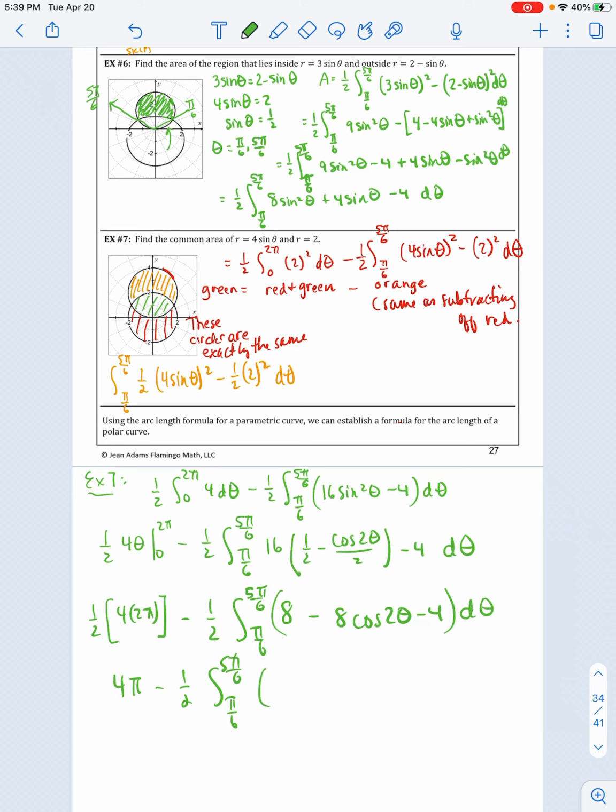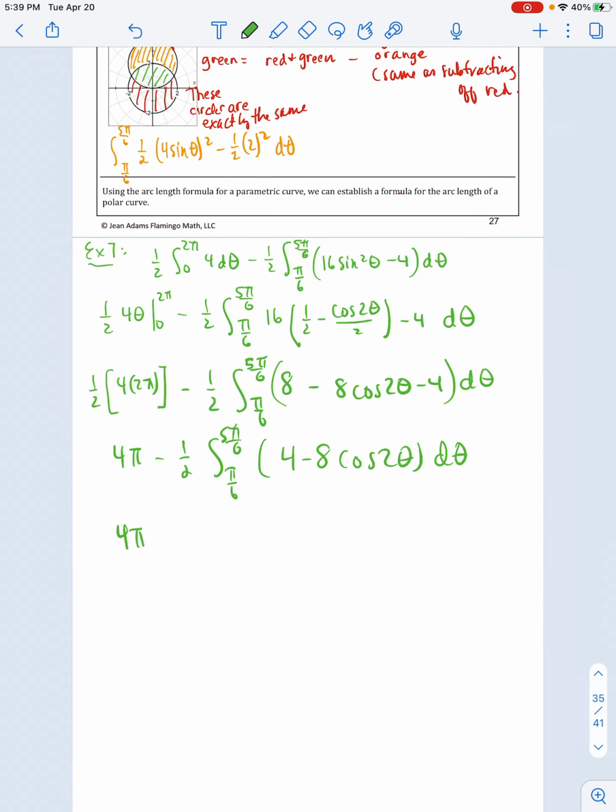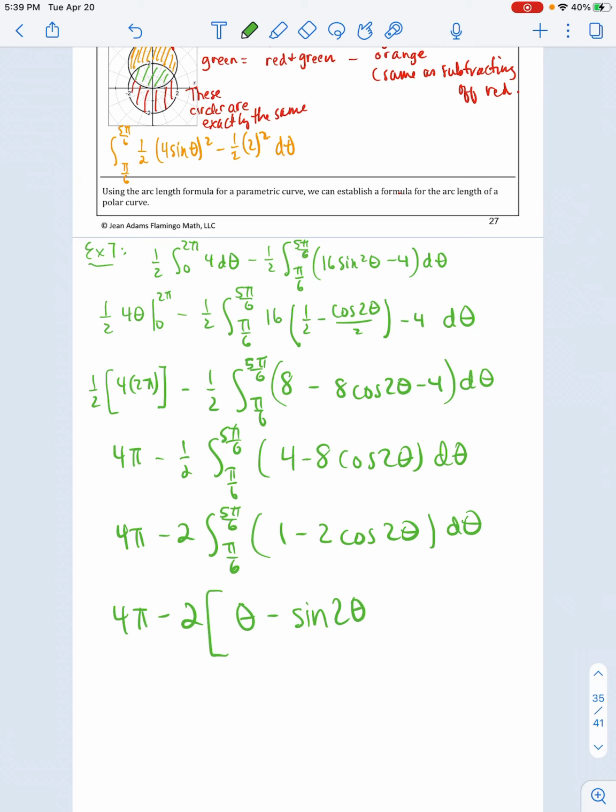Now, I could, well, let me add my like terms first. We could pull a 4 out. And now integrate. And when I'm integrating cosine 2 theta, I'm going to divide by 2.